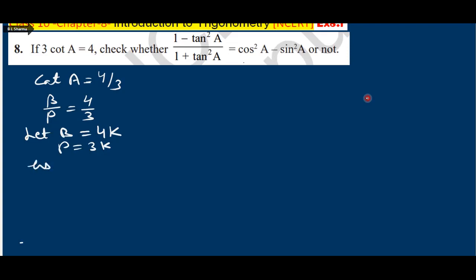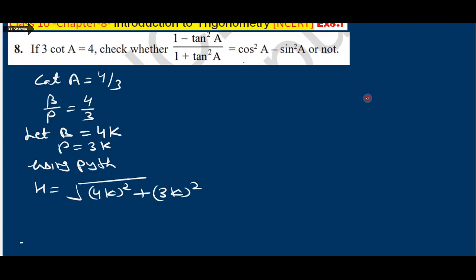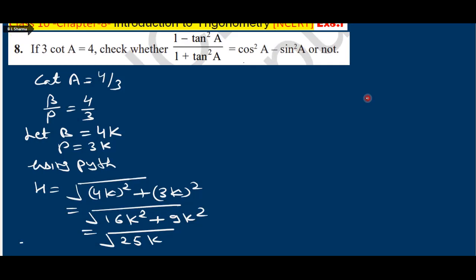Using Pythagoras theorem, we can find out hypotenuse is equal to square root of 4k square plus 3k square, that is 16k square plus 9k square, that is 25k square.